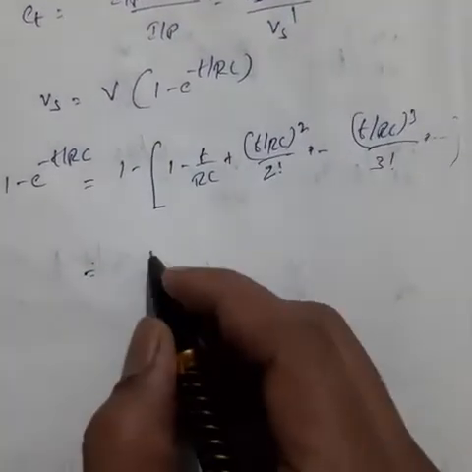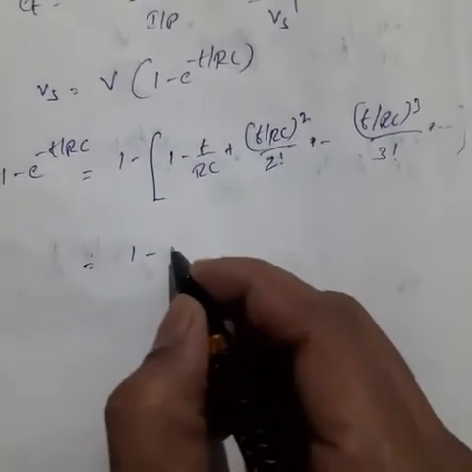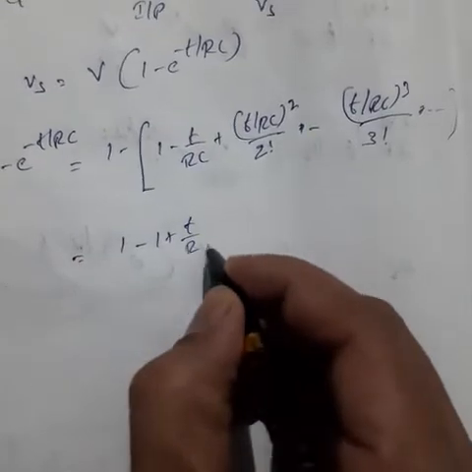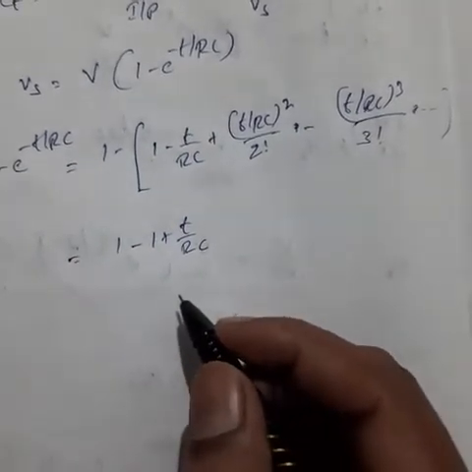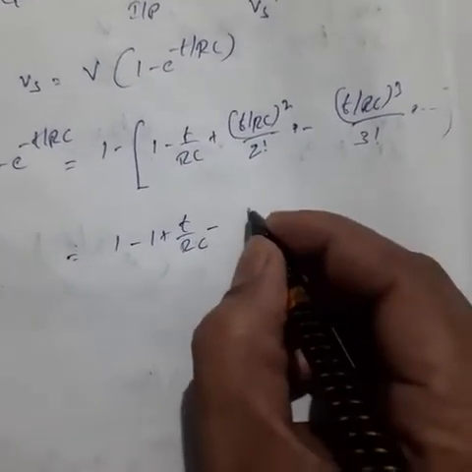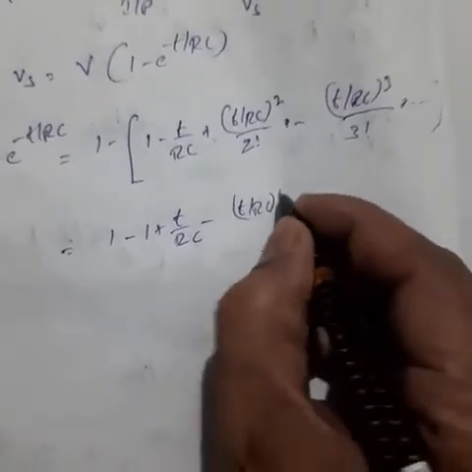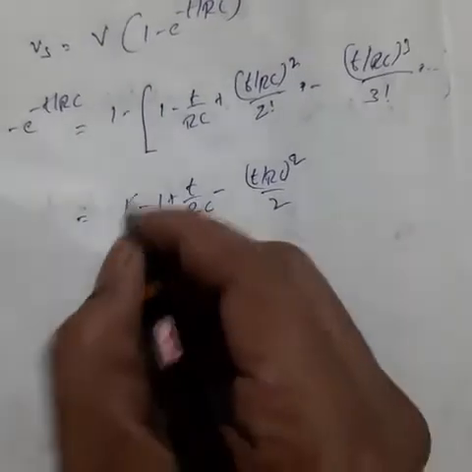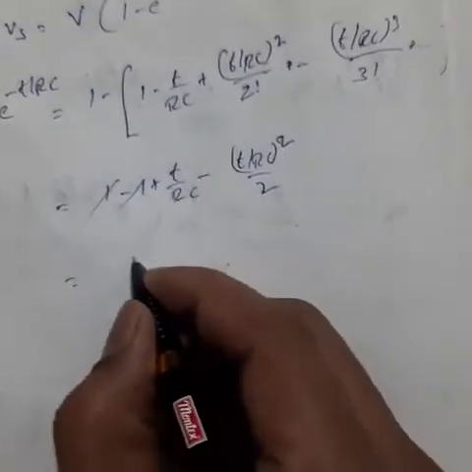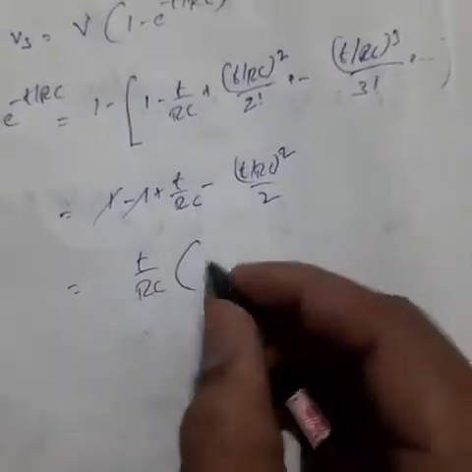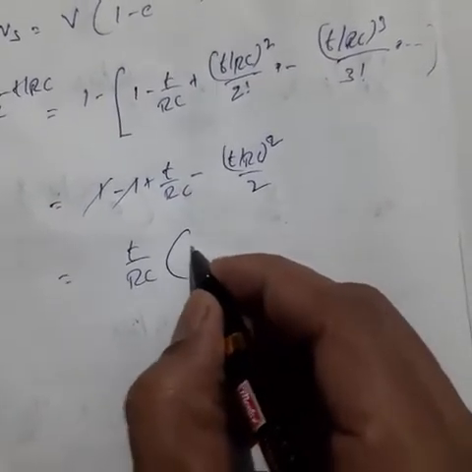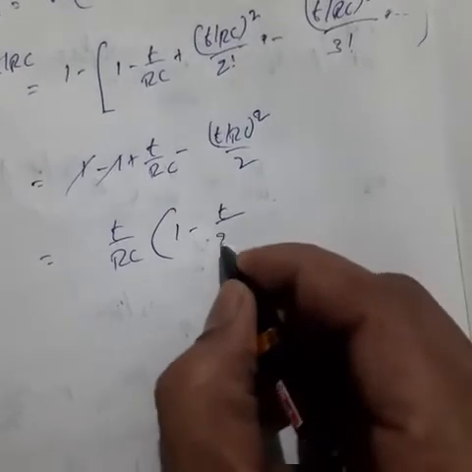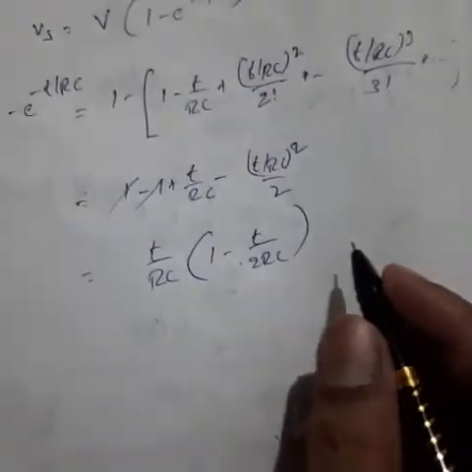Just neglect the higher order terms. Then we get T by Rc minus (T by Rc) whole square by 2, and the other terms are neglected. Taking T by Rc common, we get 1 minus T by 2Rc.